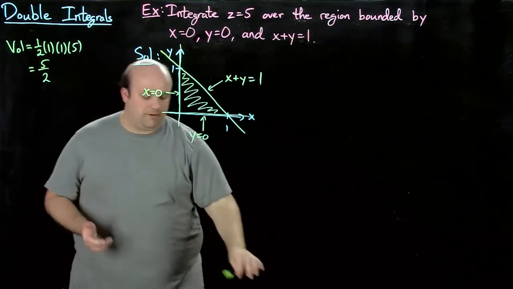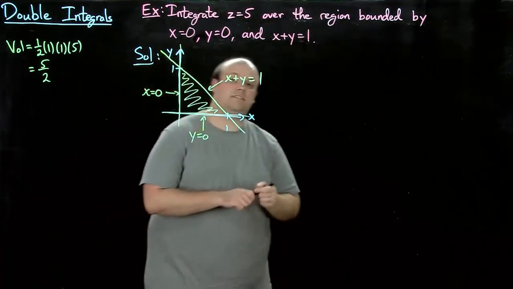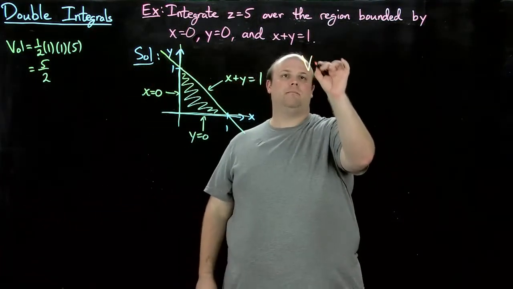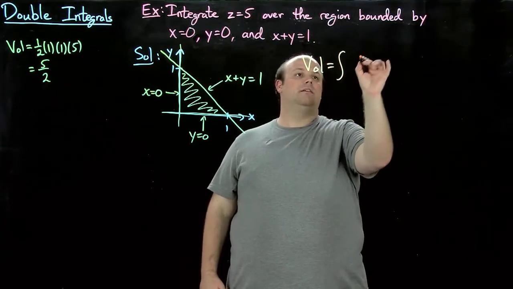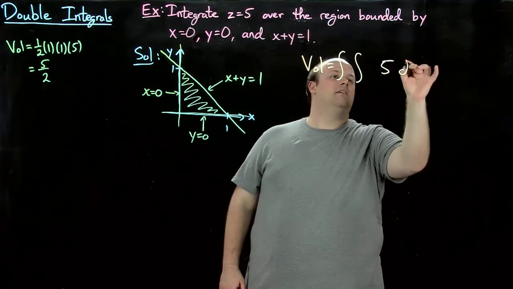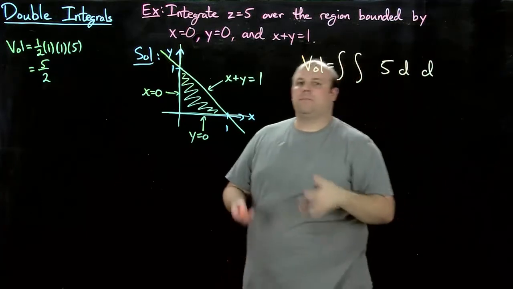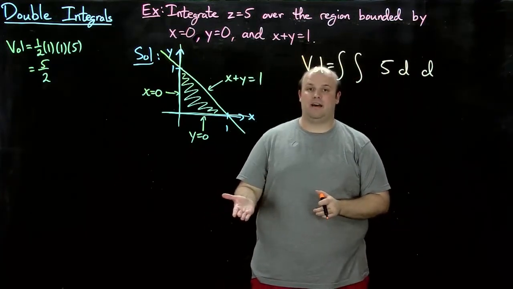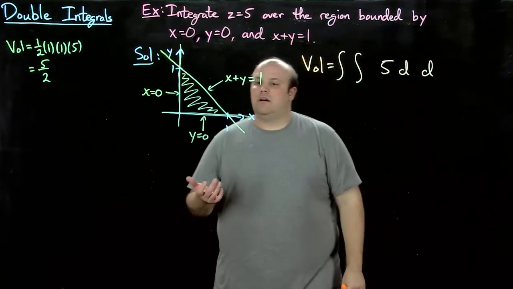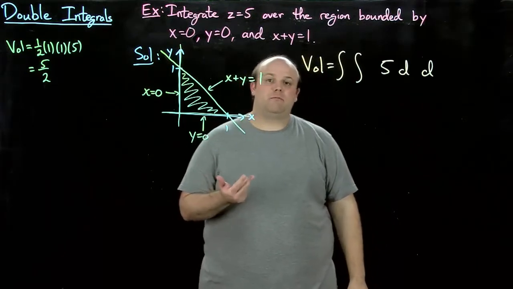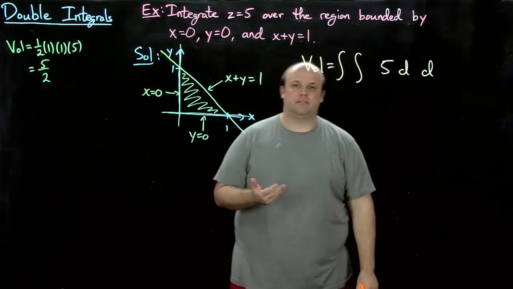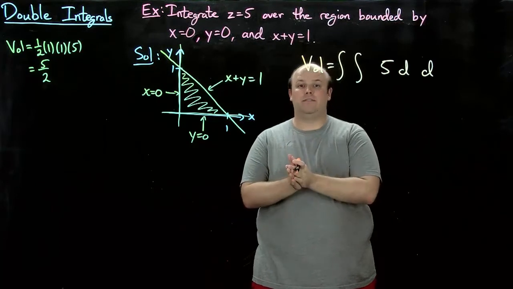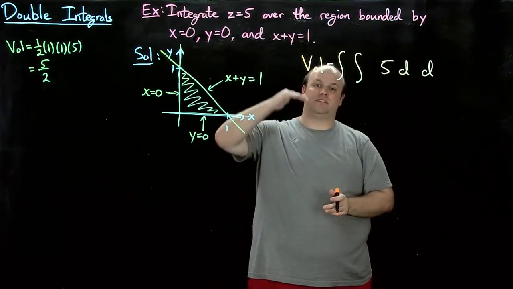All right, so how do we actually set up a double integral to give us the volume? We want to integrate 5 in some order that will give us 5/2. Remember, when integrating over a rectangle, if we integrate y first, we go from the bottom to the top.